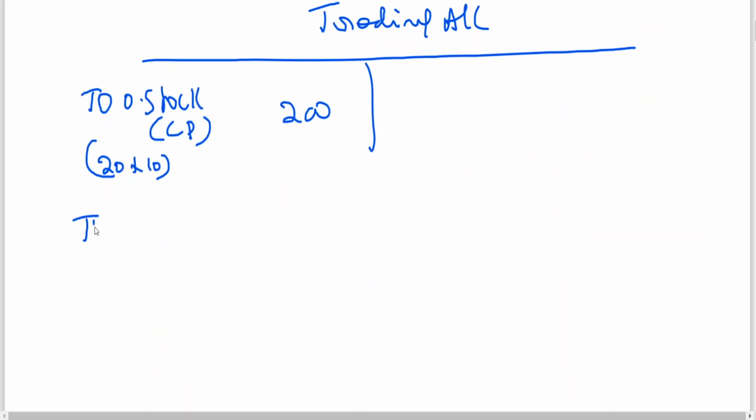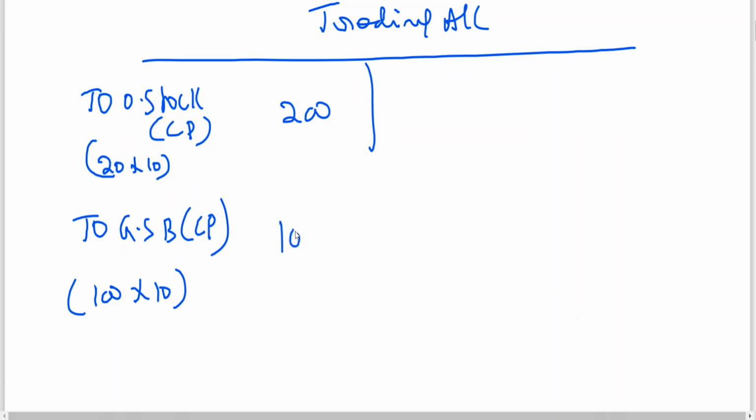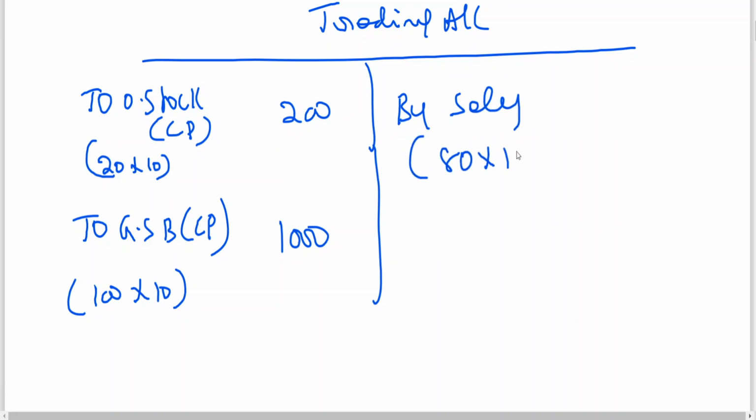So goods sent to branch at cost price, 100 units into 10 rupees, 1000. Sales at selling price, 80 into 15, 1200. By closing stock, this is the final accounts method.